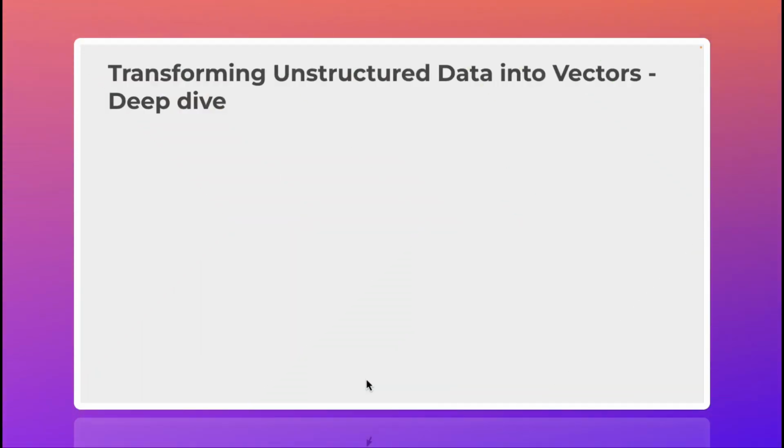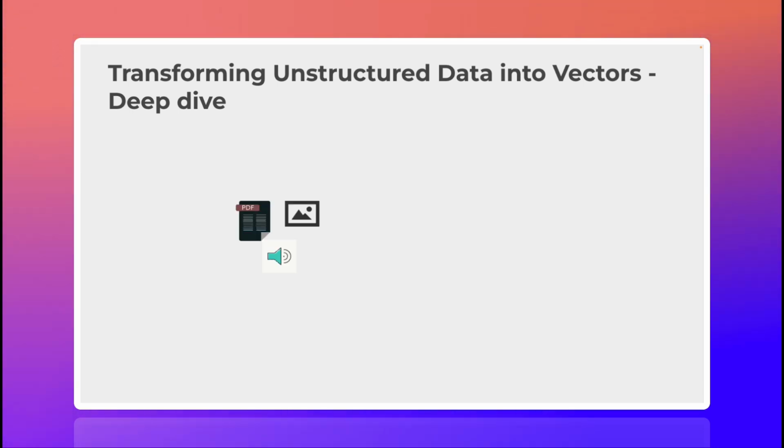We understand that vector databases are real good at dealing with unstructured data, which is more than 80% of overall data floating around in the world. So let's look at the unstructured data and how that is actually transformed into vectors.